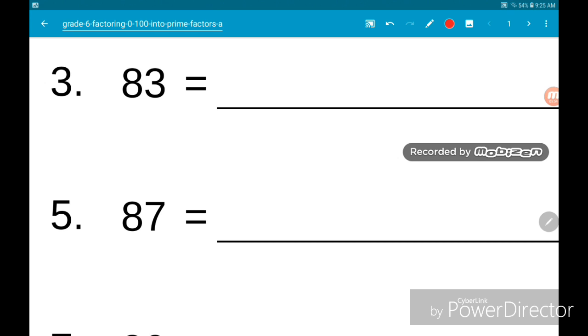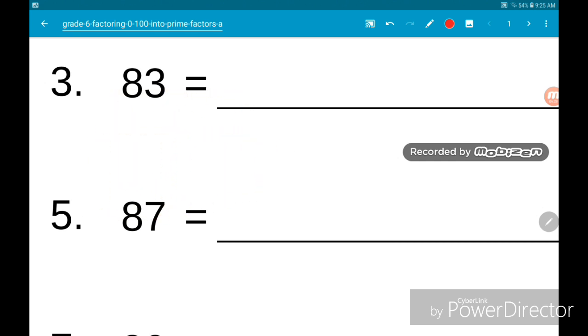How about 13? We're trying higher and higher and higher. 13. How many times does 13 go into 83? 2, 3, 4, 5, 6. 6 times 13 is 78. Nope.